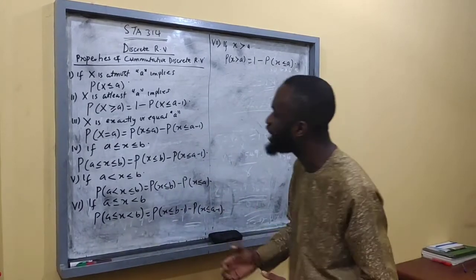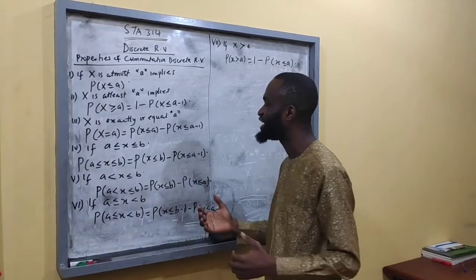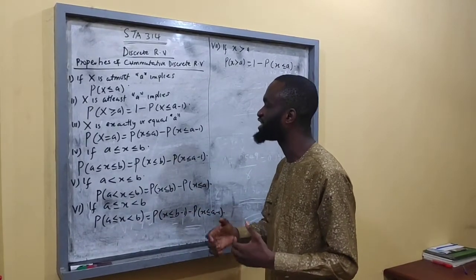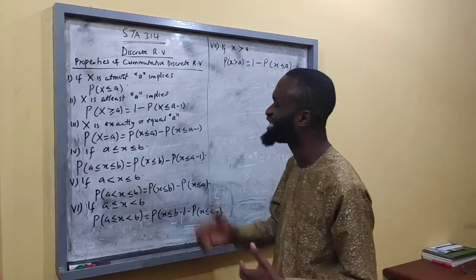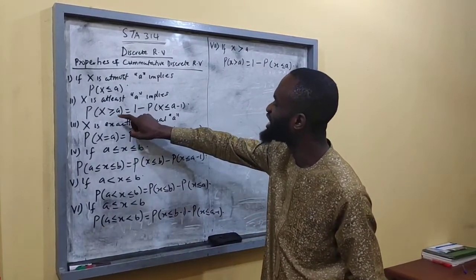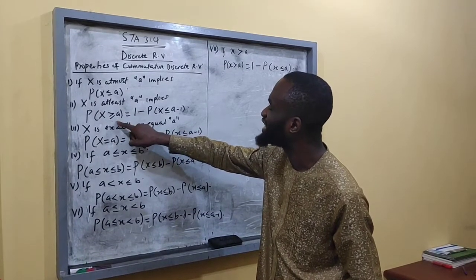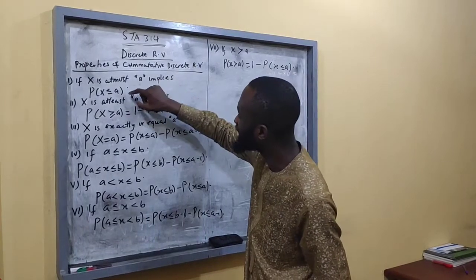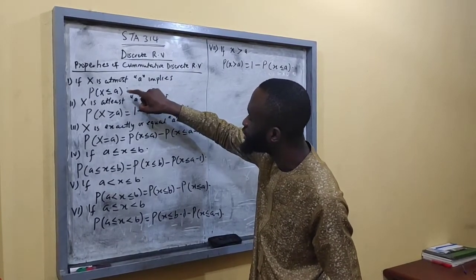What if we now have x greater than a, or x at least a? If x is at least a, it implies x is greater than or equal to a. Since the statistical table does not understand greater than or equal to, the only statement the statistical table understands is x less than or equal to a.